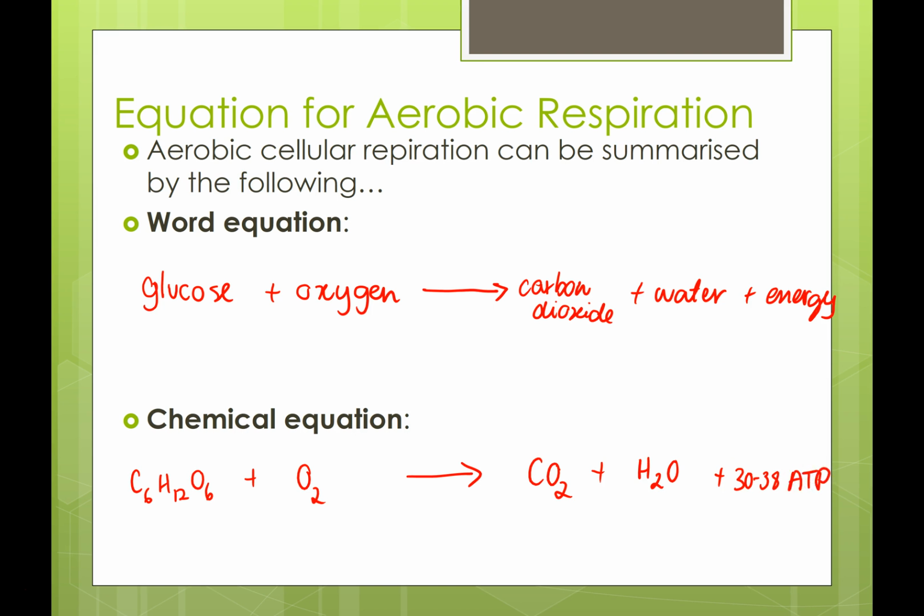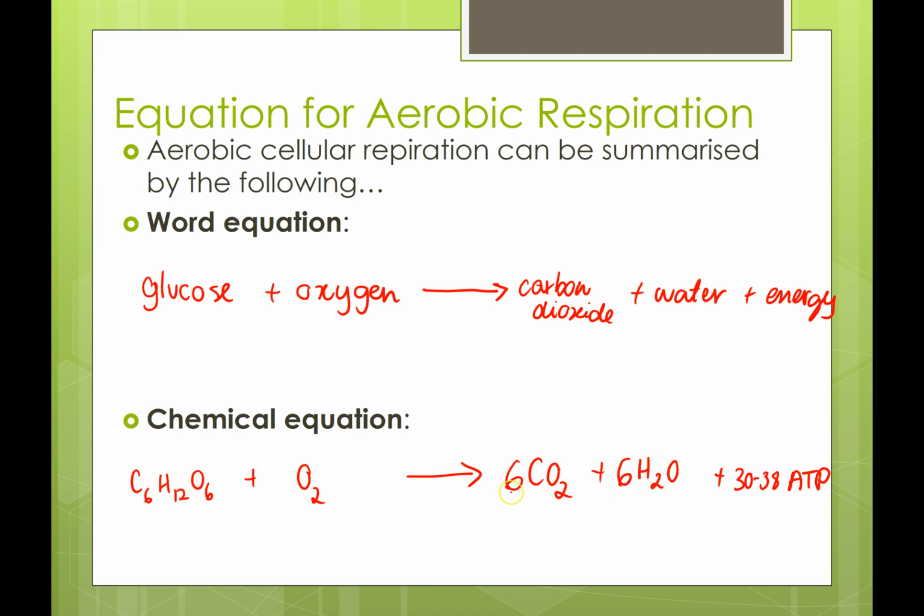We need some numbers in front of these, alright? So if we have 6 carbons on this side and just 1 carbon on this side, that means we need 6 carbon dioxides. We've got 12 hydrogens here, but only 2 hydrogens over here. That means we need 6 of these, right?